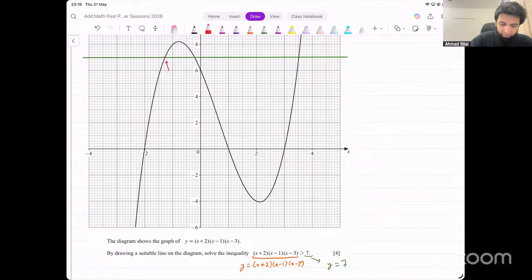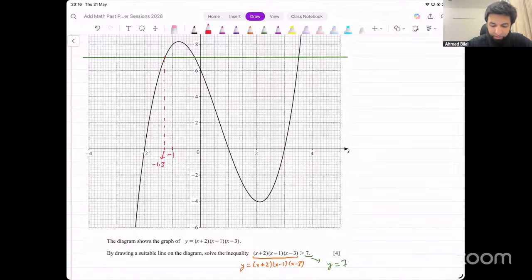It's almost on that line, so we can round it off to that line. This is -2. This is -1. So that point is -1.3. Okay. Just mark those points for now. We will see what to do after that.